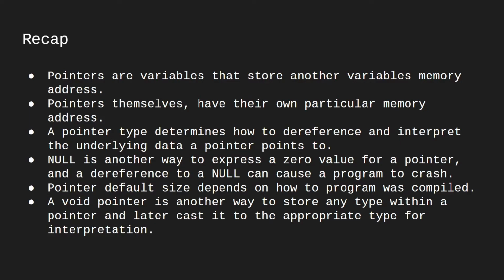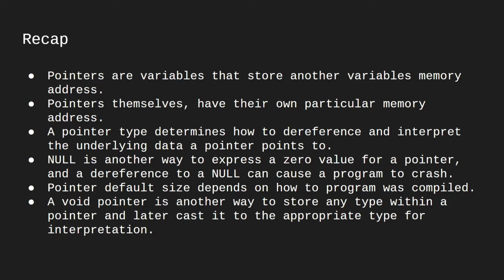A pointer type determines how to dereference and interpret the underlying data of a pointer. This is also important. When you have an int pointer versus a char pointer, depending on how you declare them, it will determine what the output is when you dereference it.